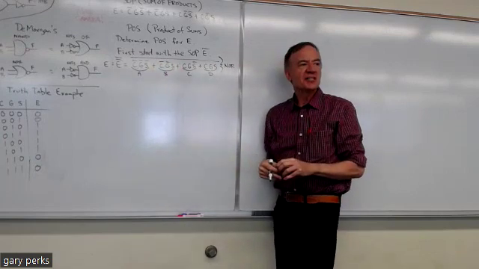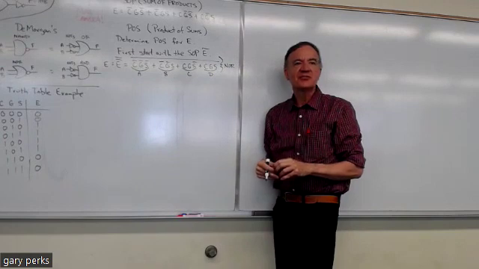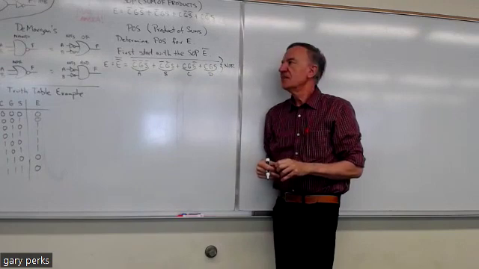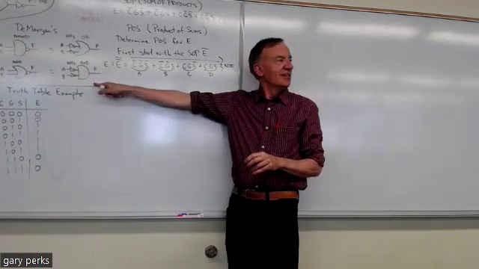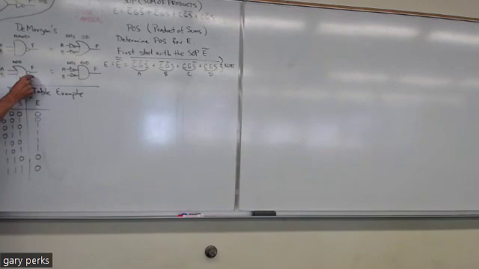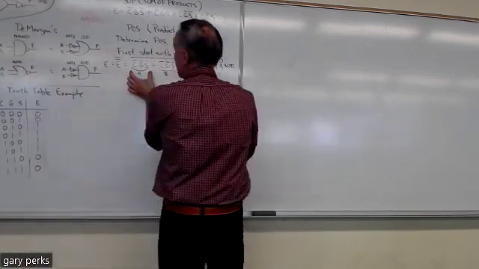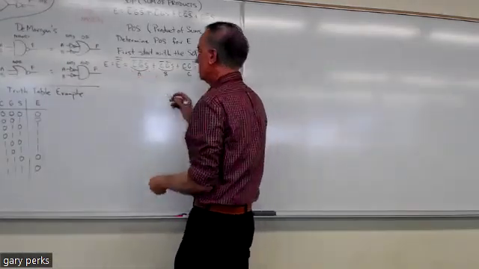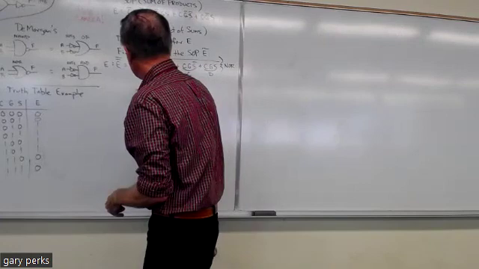Well, what does De Morgan tell us about a NOR gate? What is it equal to? Yeah, a NOR gate, De Morgan tells us, one part of De Morgan tells us a NOR gate is the same as an AND gate with inverted inputs. So you see, I can take each input, right?